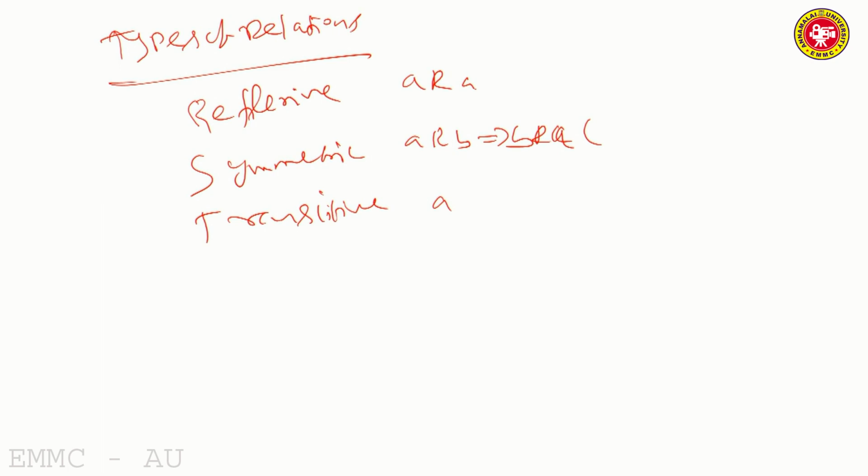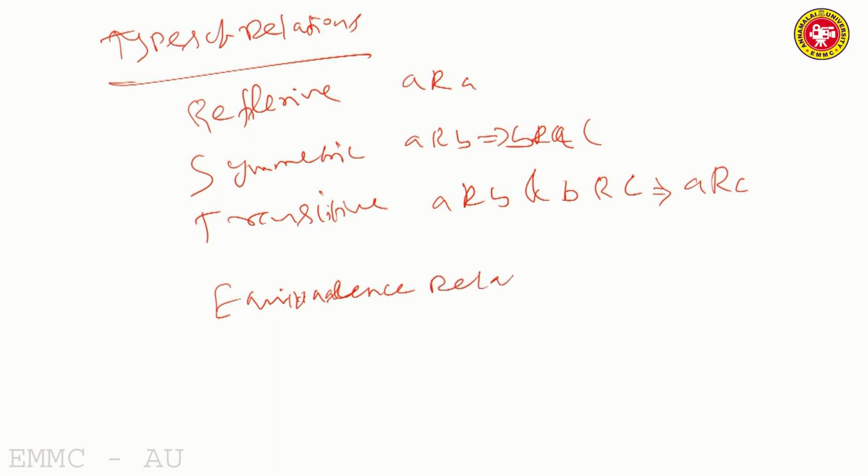And if A relation B and B relation C, which implies A relation C, that is called transitive. If these three properties are satisfied, then it is called an equivalence relation. Reflexive, symmetric and transitive yields an equivalence relation.